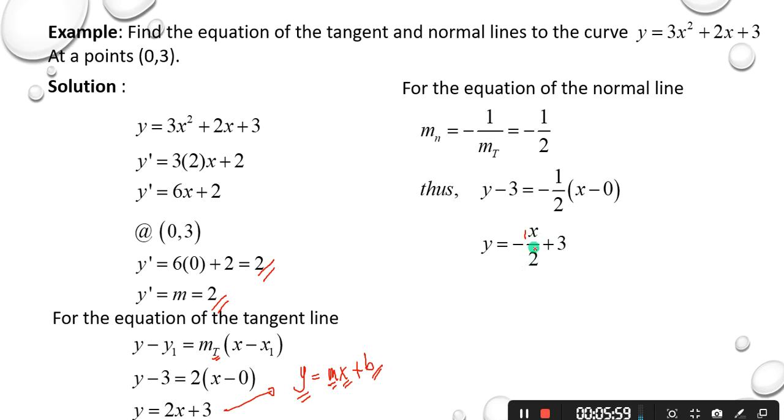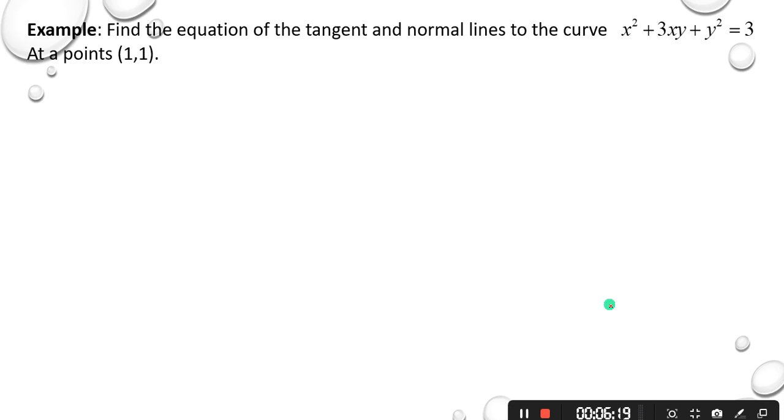We have the slope negative 1 half, so we have the form y equals mx plus b. The m here for the normal is negative 1 half. That is the equation of the tangent and normal line for this example.